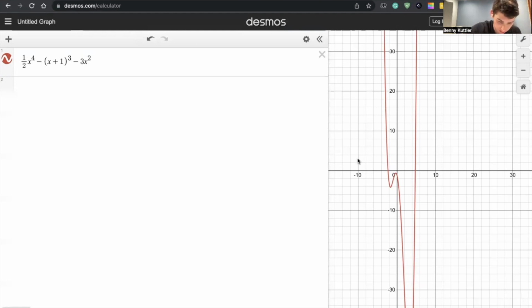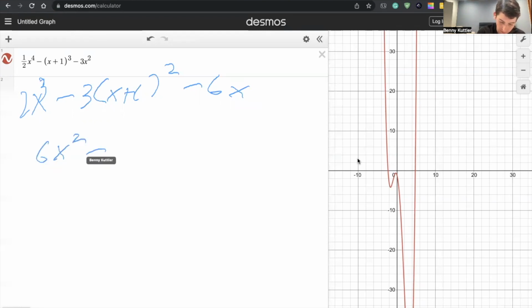First derivative is 2x cubed minus 3x plus 1 squared times the derivative of x plus 1, which is just 1. So I'm not going to include that, minus 6x. And then if we take another derivative, we have 6x squared minus 6x plus 1 minus 6.